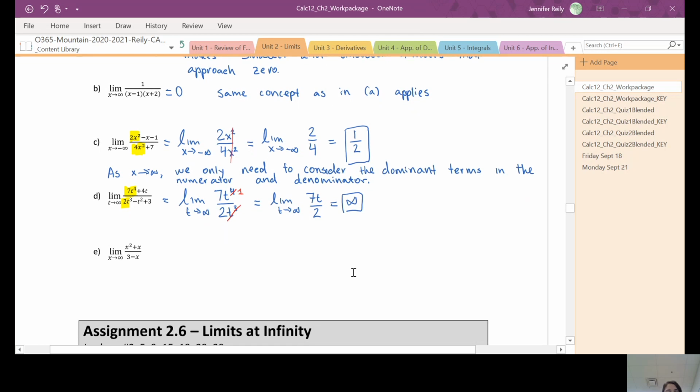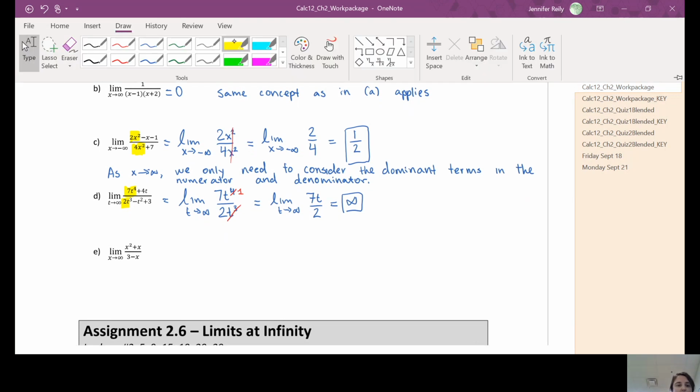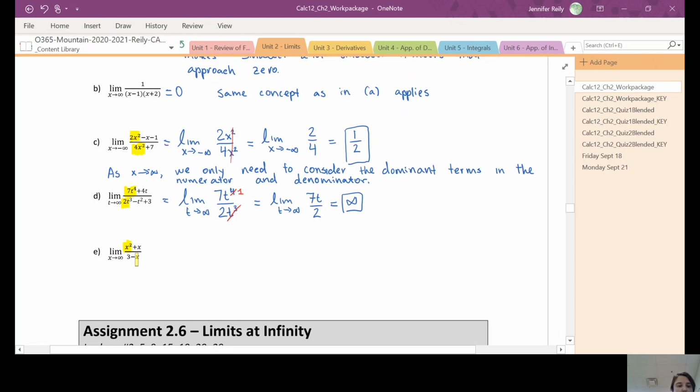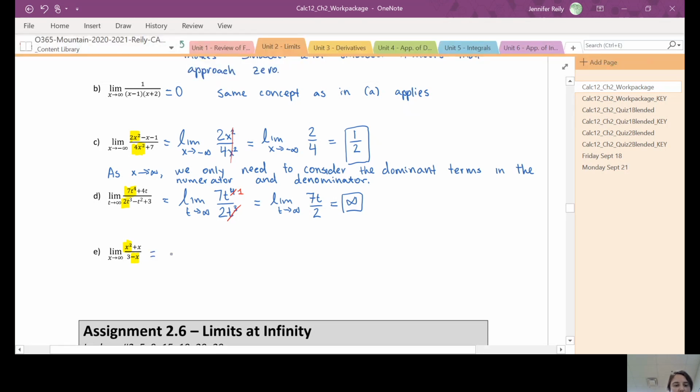Okay, and the last one, again, it's similar to part D. I'm just going to highlight the dominant terms. And notice in the denominator, you have to keep the sign in front of the dominant term as well. And so this would be the same as the limit as x goes to infinity of x squared over negative x.